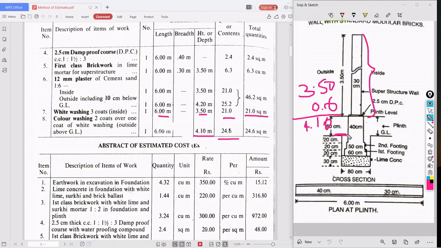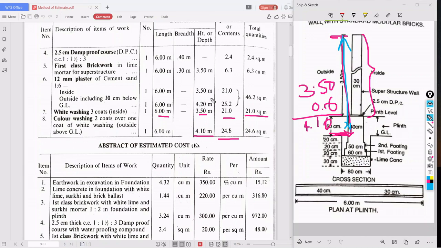So from here to here the color washing or painting is done. While plastering, we are taking 10 centimeter below because of safety. Why and all, we will read in the masonry chapter.